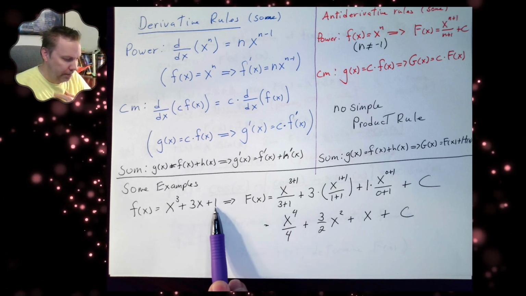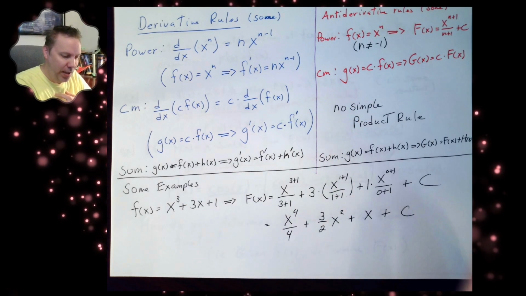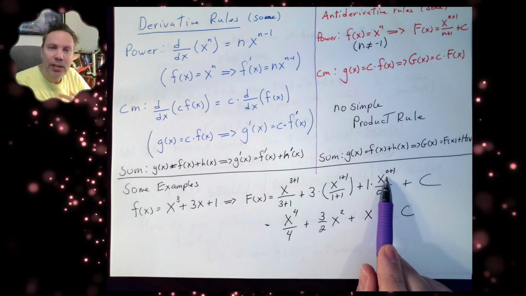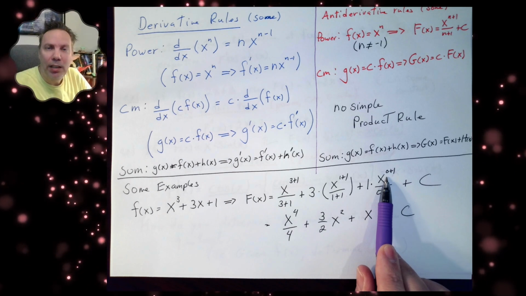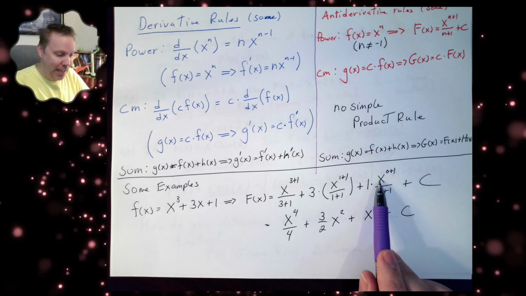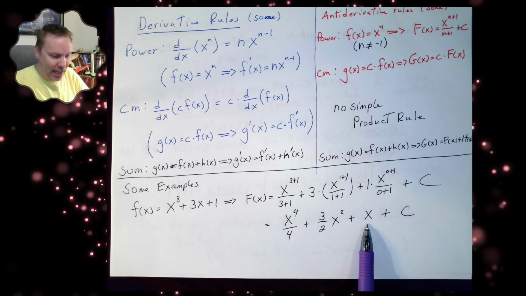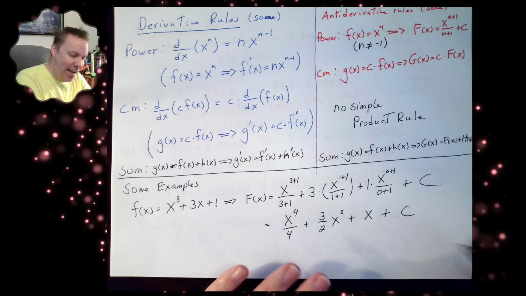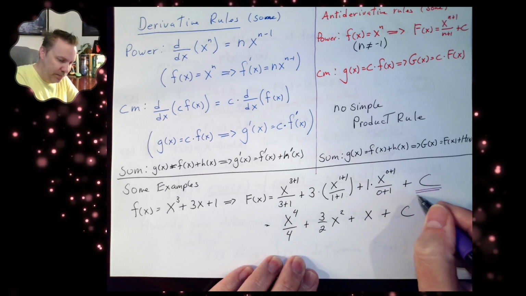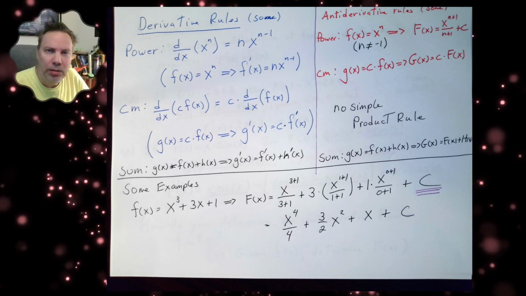What about the 1? Well, the power involved with that is 0. X to the 0 is 1. I'm going to increase 0 by 1, and I wind up getting x to the 1st divided by 1. Well, I'm just going to write that as an x. Now, this last little part. Remember, the derivative of a constant is always 0.